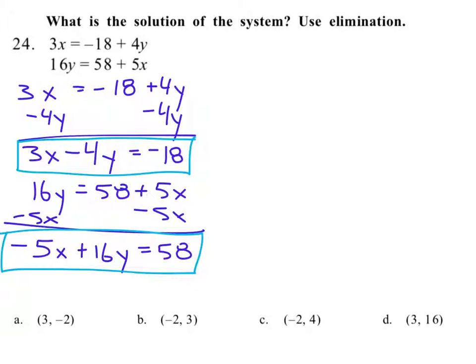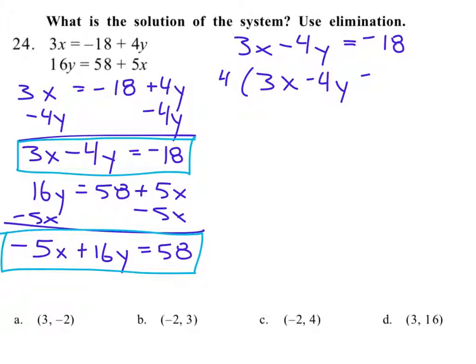So we're going to take the 3x minus 4y equals negative 18. And we're going to multiply both sides by 4. So we're going to say 4 parentheses, negative 18.